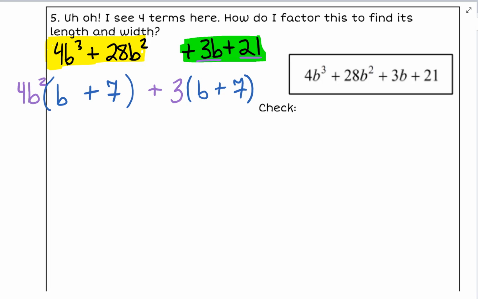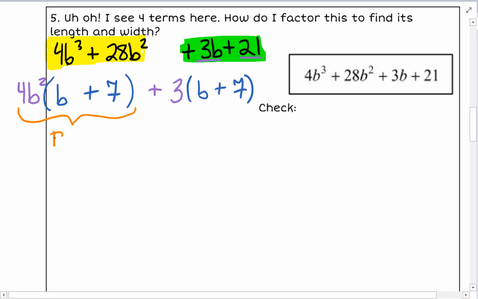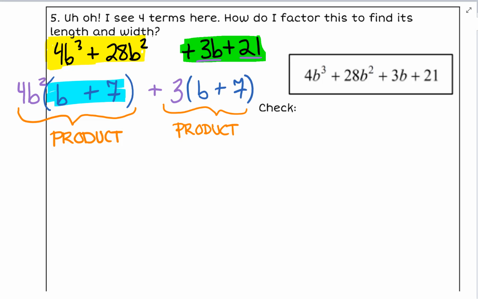It's really important for us to notice that this right here is a product. We're multiplying 4b squared times the group b plus 7. And this right here is also a product. You're multiplying 3 times the group b plus 7.